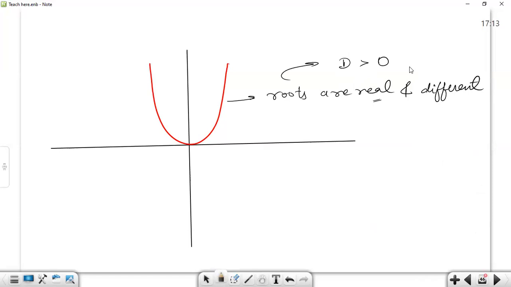Two roots, because it is a quadratic equation. So now the parabola is going to touch the x-axis at 2 points. Rather than being positioned like this, it will touch the x-axis at 2 points. Say these will be the two roots of the quadratic equation. And we have considered that the coefficient of x square in the quadratic equation is positive.